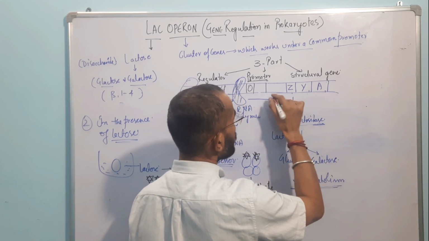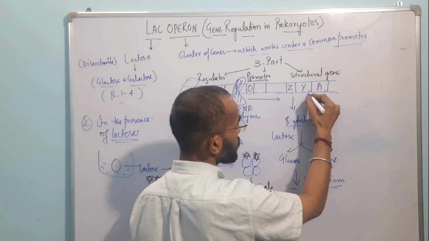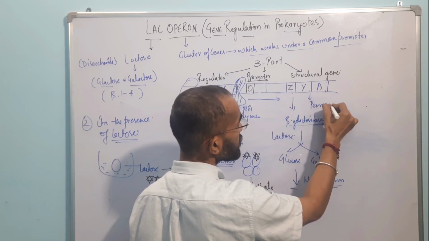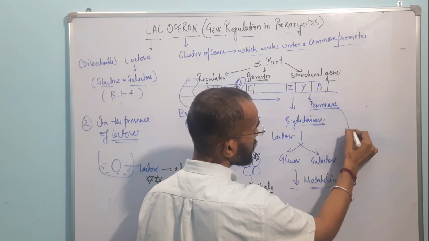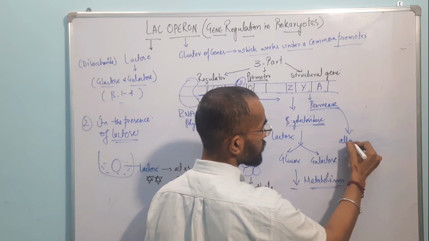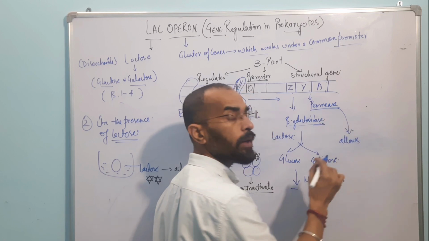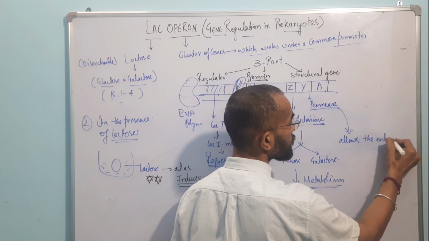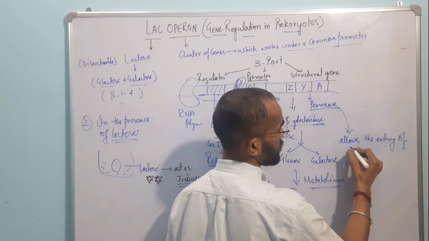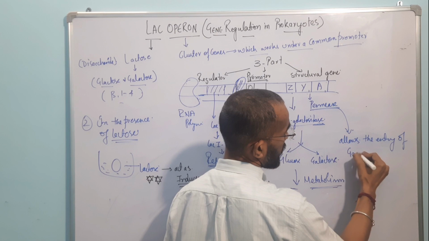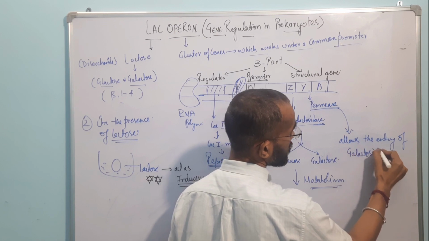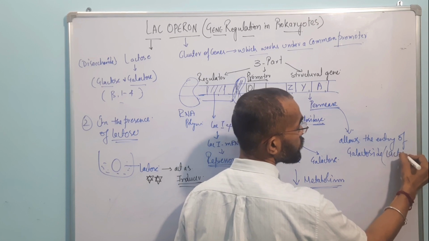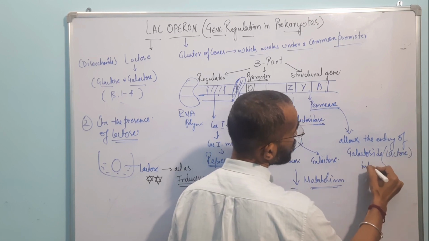And when the RNA polymerase reaches the Y gene, it causes the formation of permease. Permease is the enzyme which allows the entry of galactosides, here lactose, into the cell.